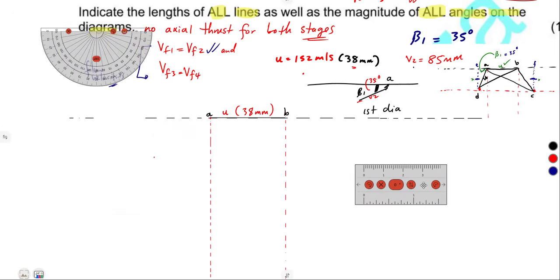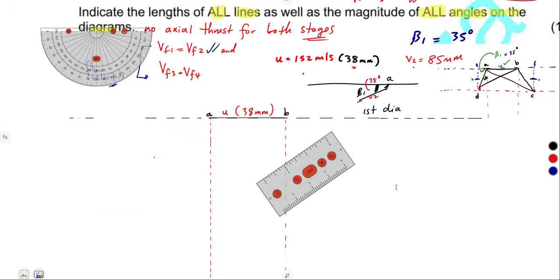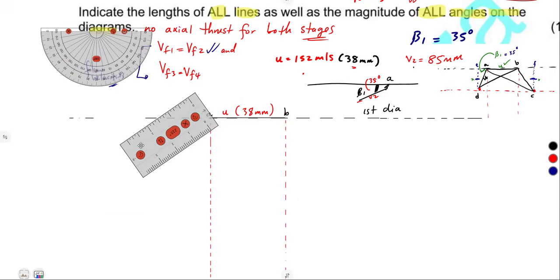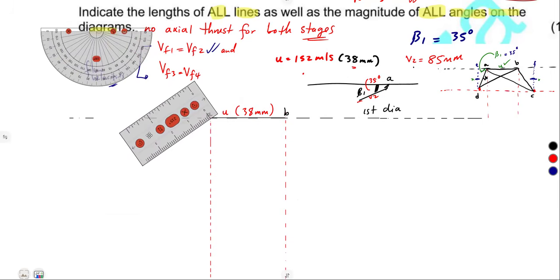So let me just do this 180 minus 35, so let me just do this 215. So this is our 35 degrees, from A, like this. So you construct it, knowing that whilst you are constructing V2, it is 85 millimeters.